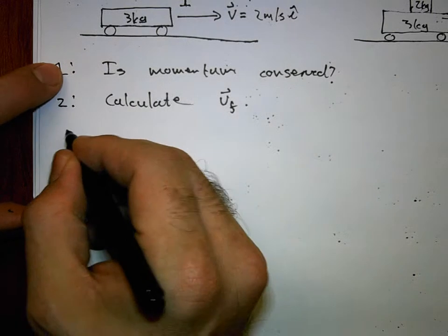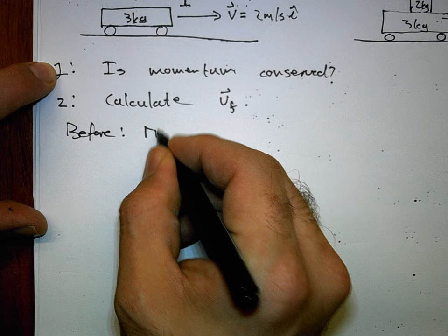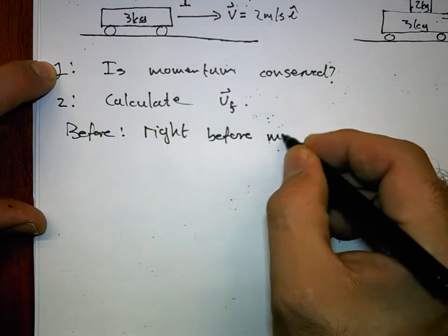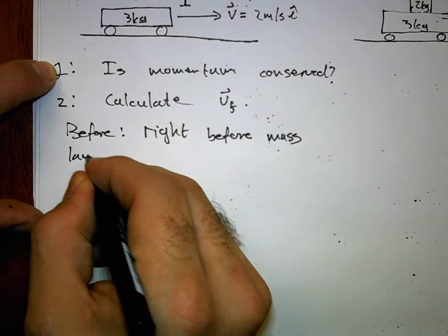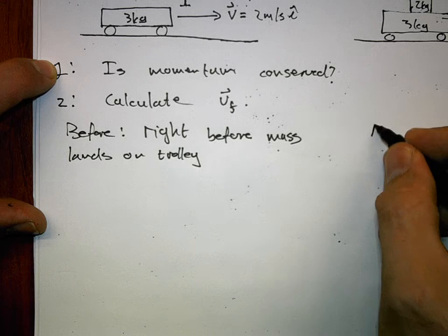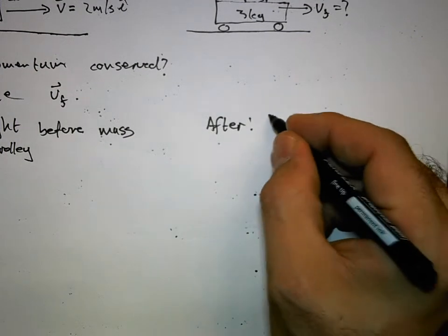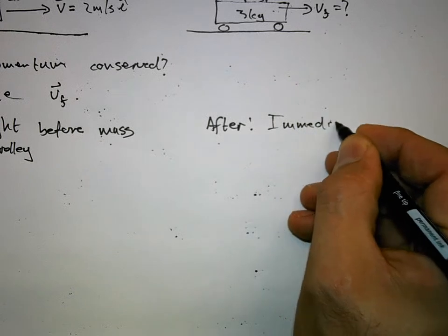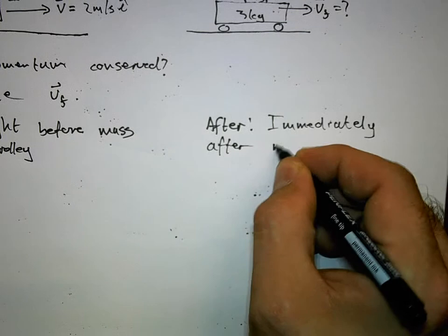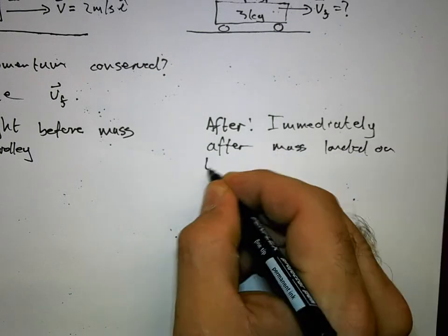So we take our before time, that's right before the mass lands on the trolley, and our after is immediately after the mass landed on our trolley.